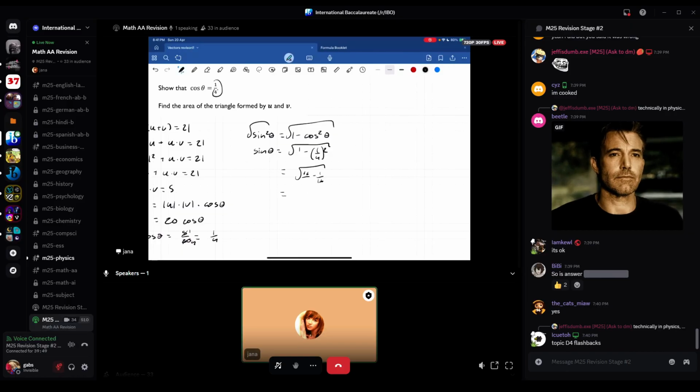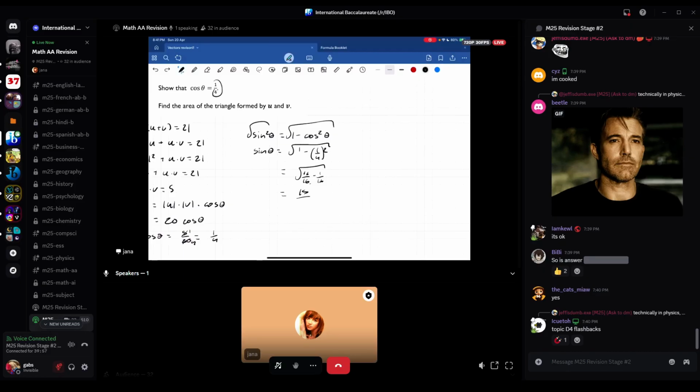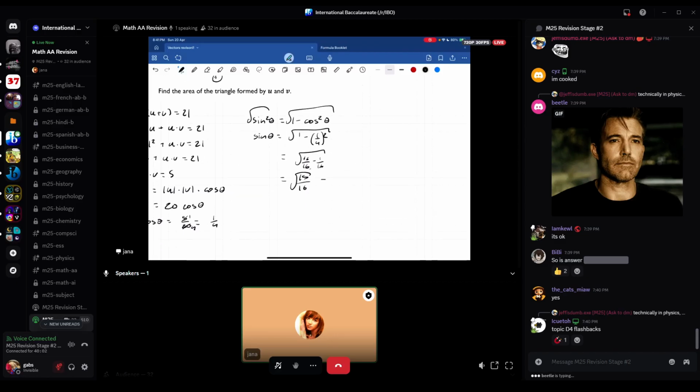And that's 16/16, so we have 15 over 16, square rooted. So we can write that as root 15 over 4. That's our sine theta. So now we know that our area is 1/2 of 4 into 5 into root 15 over 4. That goes away. So that's 5 root 15 over 2, units squared. Don't forget your units, guys.